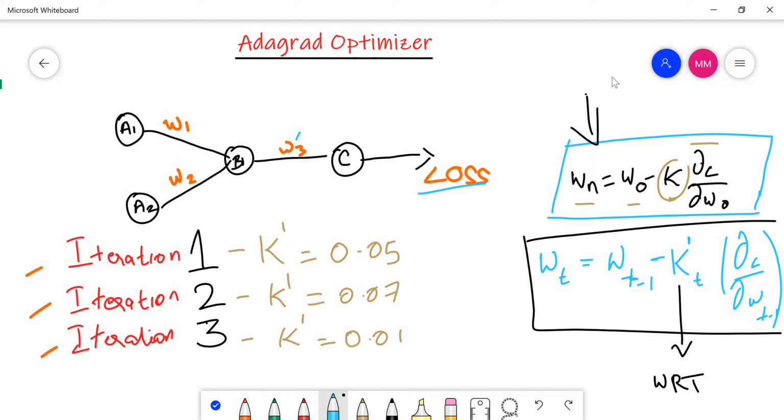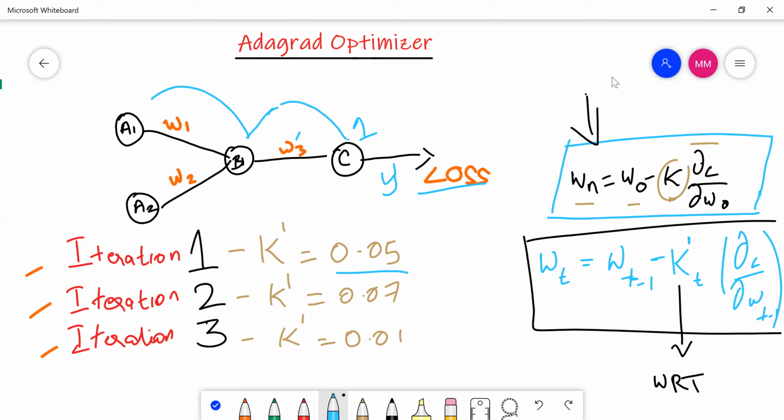Back propagation will be happening from this y dash to this layer, and from this layer we will be back propagating here, and from here we will be back propagating here. So this blue color will be considered as iteration 1. In the first iteration, for example, we took the learning rate as 0.05.